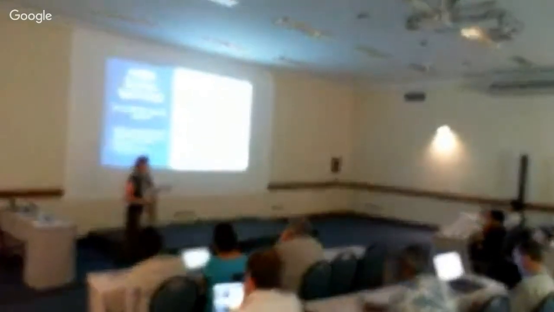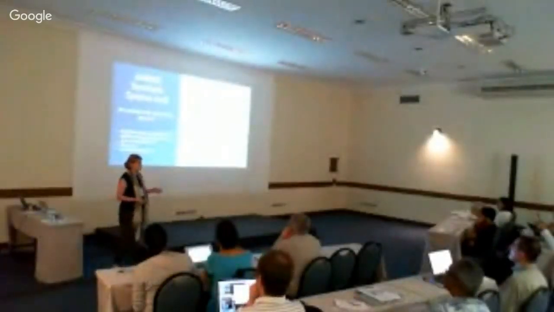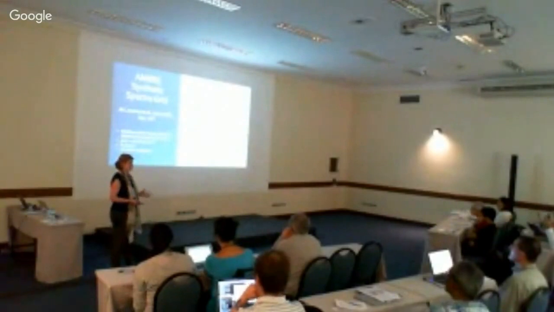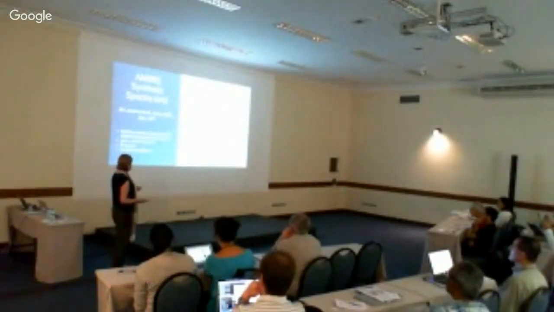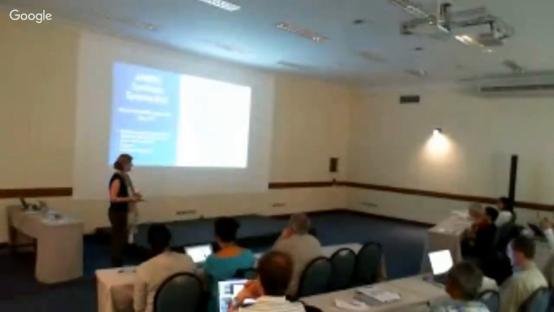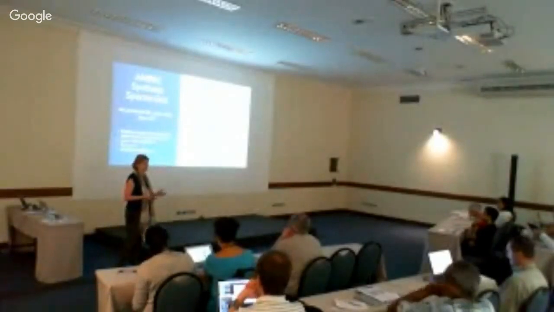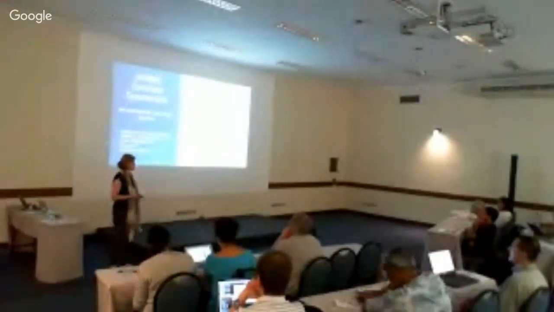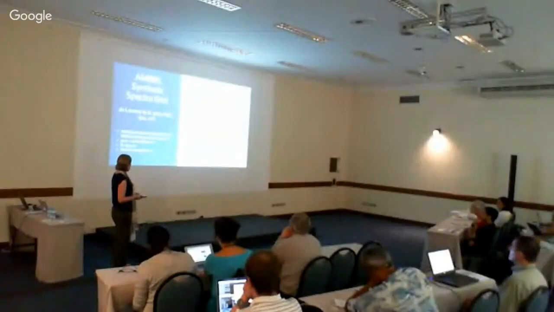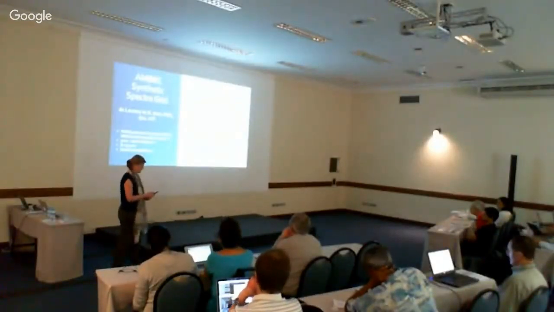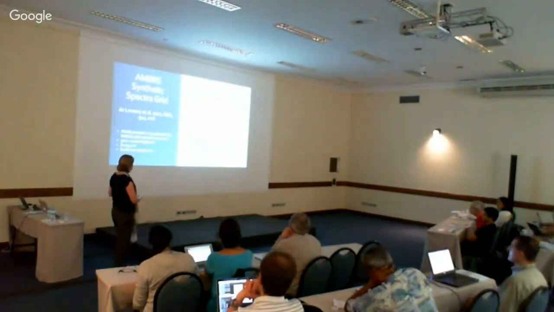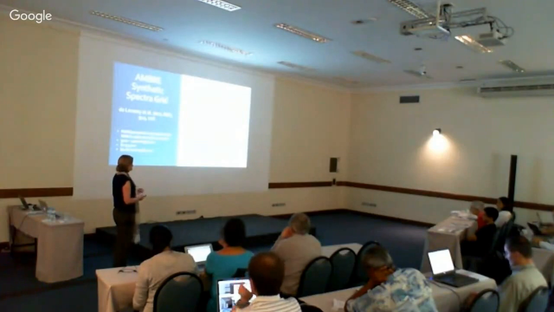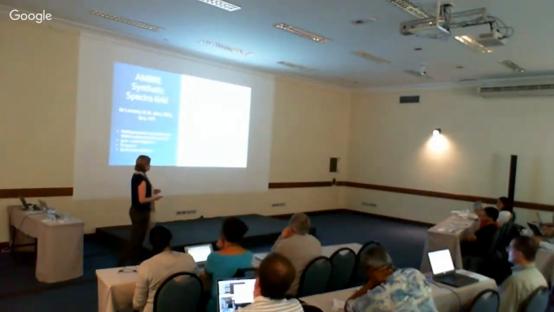So to describe the synthetic spectra grid, because this is also being used not just in AMBA but in many other projects. This was a grid calculated by Patrick de Laverny at Nice, who I was working for. It's based on the MARCS stellar atmosphere models, the FGK and parameter range, and so these are just some illustrations of the grid points in metallicity, log g, temperature and alpha space.